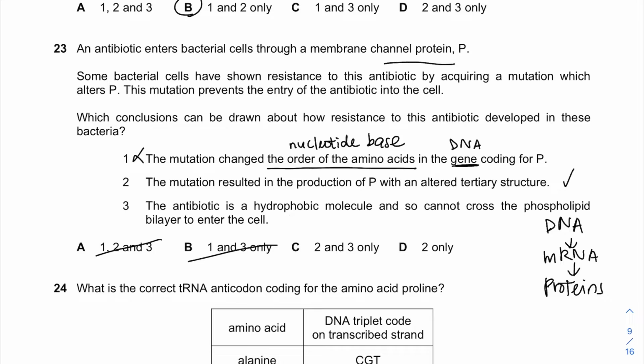Now, if the antibiotic is a hydrophobic molecule, it will be able to cross the phospholipid bilayer. Because in your phospholipid bilayer, the middle part is the hydrophobic core, so only small, non-polar, or hydrophobic molecules can pass through.